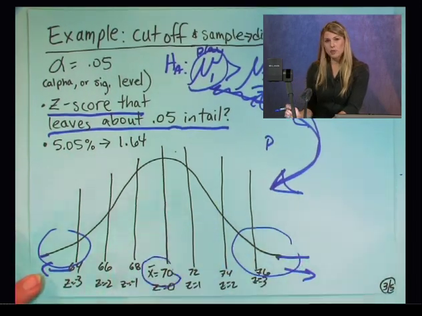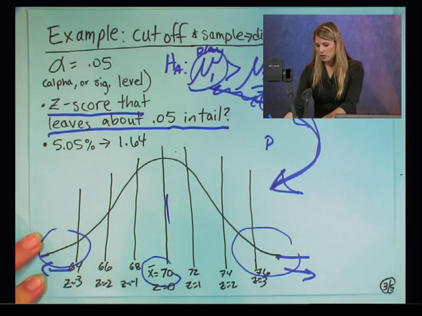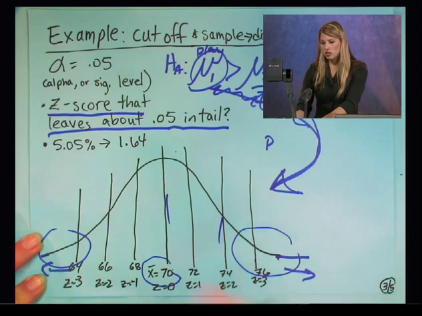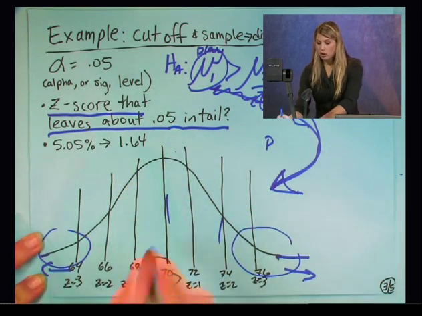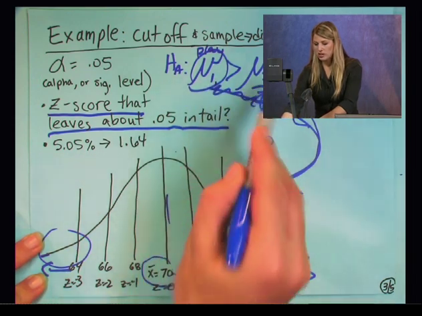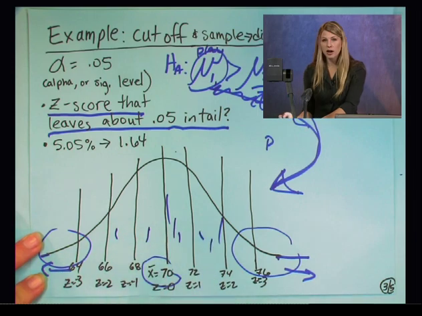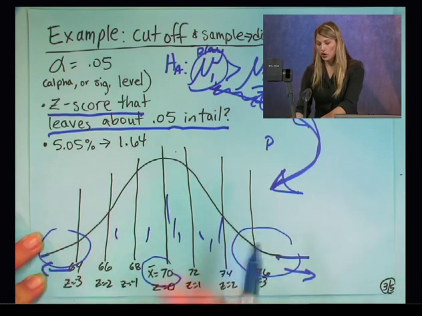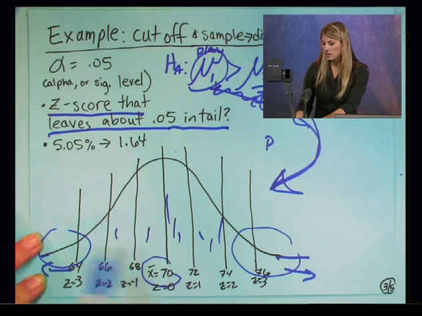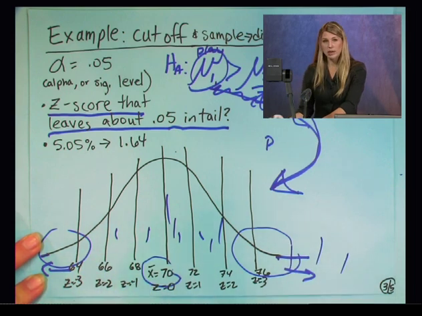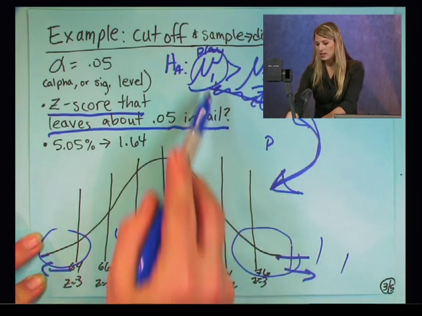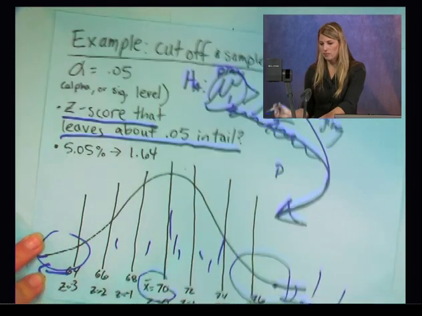But we're drawing a sample from this. So you might get a sample here, you might get a sample here. You're not going to have all of these scores, so your sample is going to look a little different than the population. But if the null was true, if population 1 was exactly like population 2, you could get a score here, here, here, here. But we're going to calculate the likelihood of getting those scores. It's not very likely you get a score way up here in the 5%, unless this population is different.